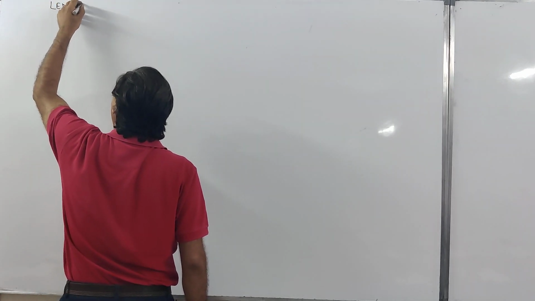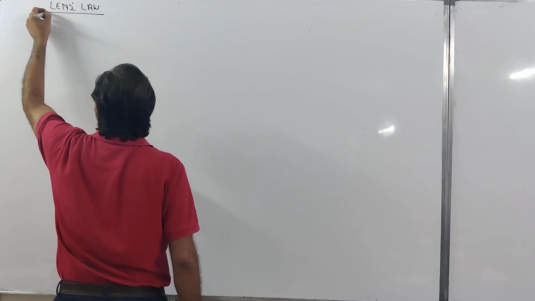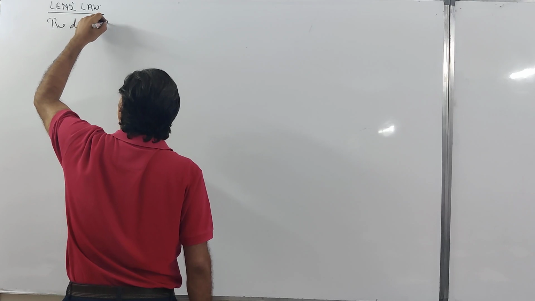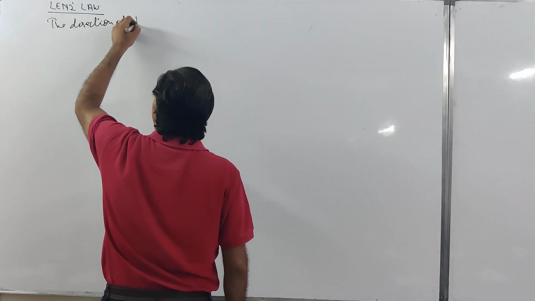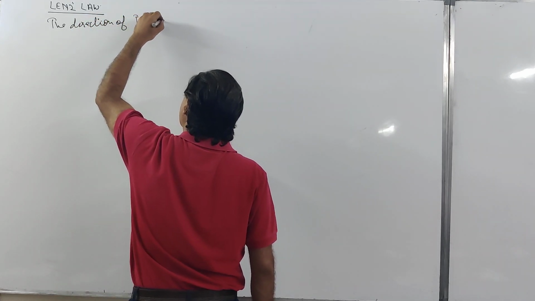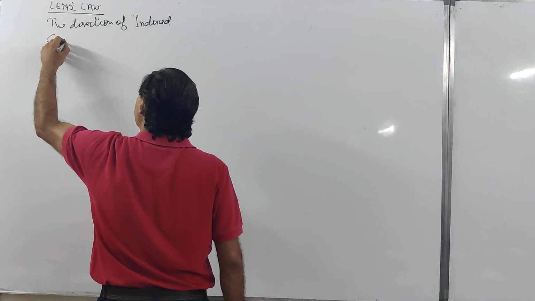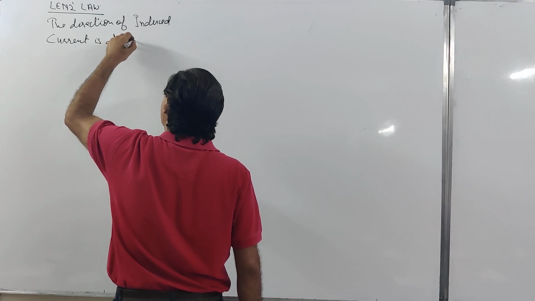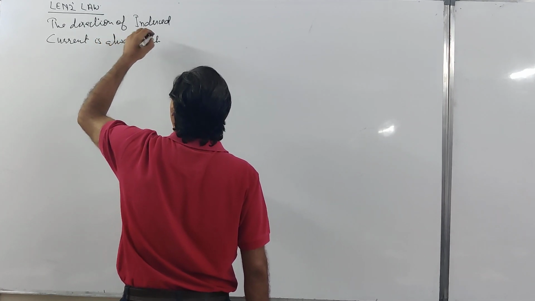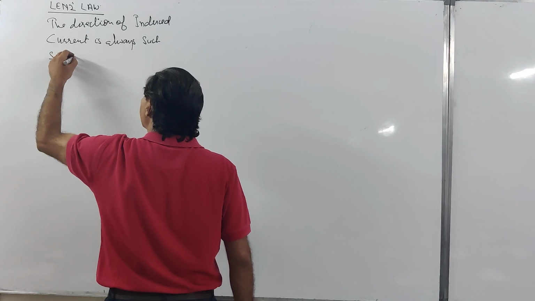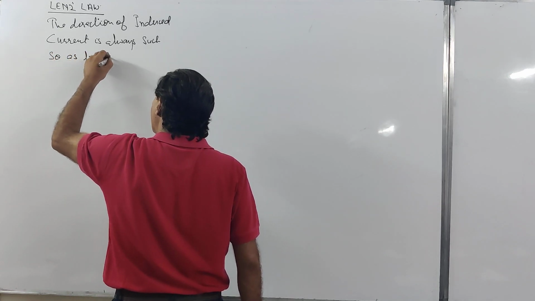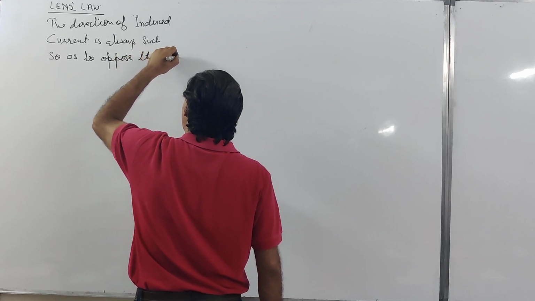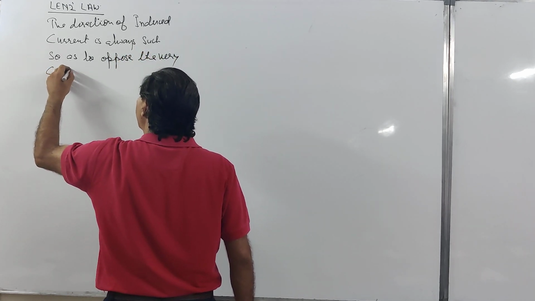Lenz law कहता है the direction of induced current. Interesting है बहुत अच्छा. The direction of induced current is always such so as to oppose the very cause of its production.